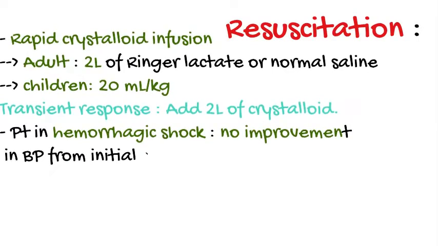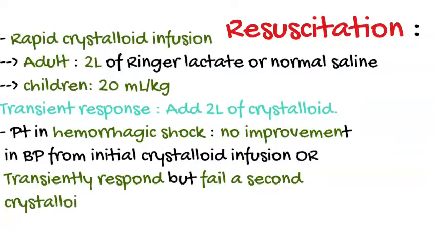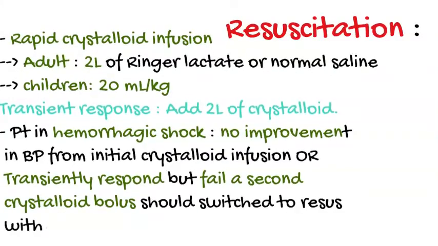As soon as the first intravenous line is inserted, rapid crystalloid infusion should begin. In an adult patient, he or she would be given 2 liters of Ringer's lactate or normal saline. For children, the initial administered crystalloid volume should be around 20 ml per kg.